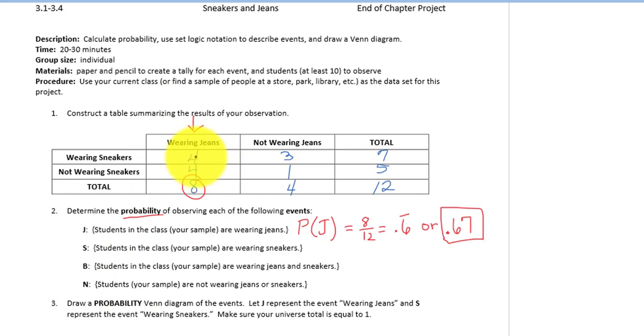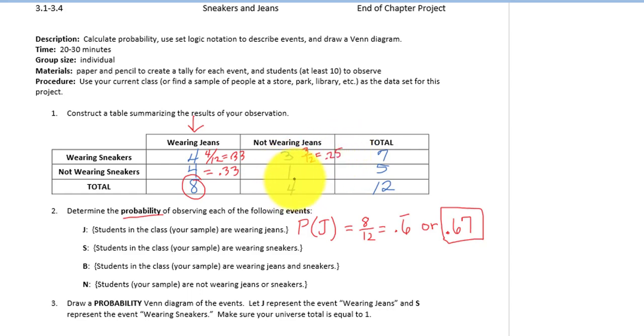So right next to your frequency, if you want to do this in your table, I could have done 4 out of 12 equals 0.33. 4 again out of 12 is the probability, 0.33. And I can do that for each one of these frequencies. 3 out of 12 is 1/4 or 0.25 probability.